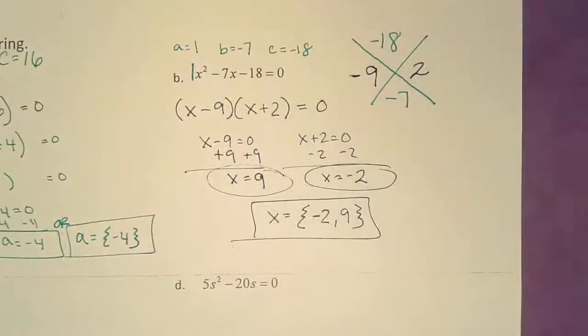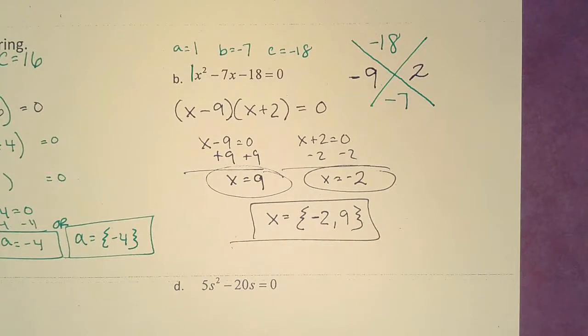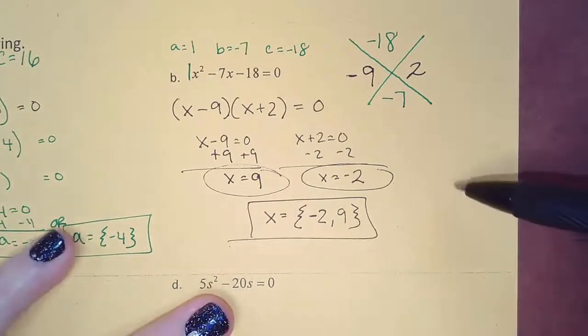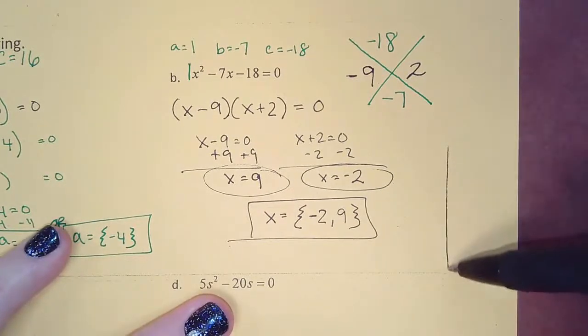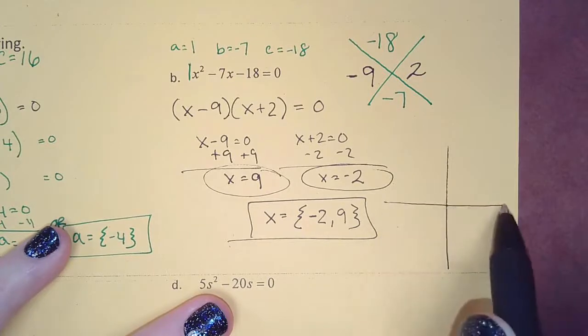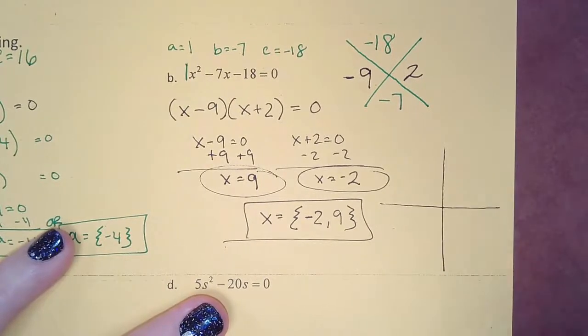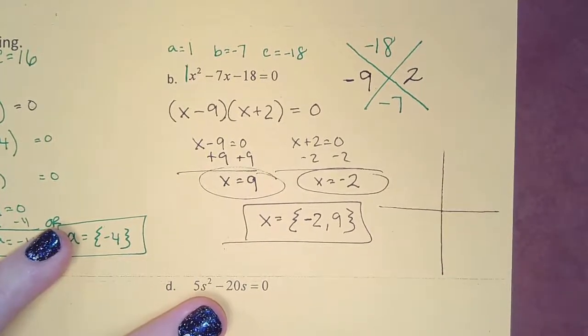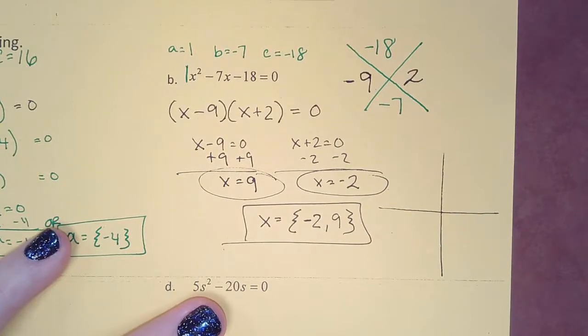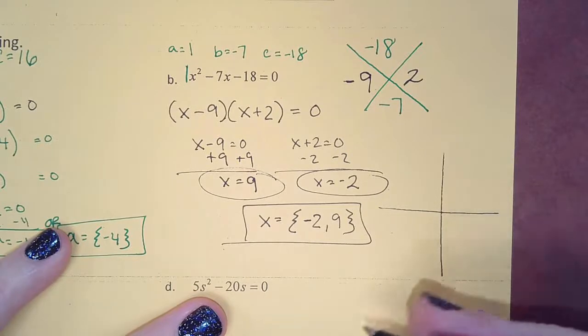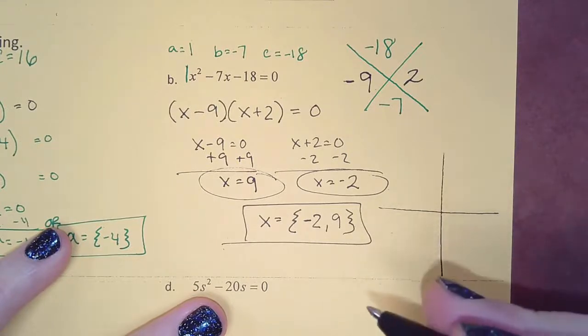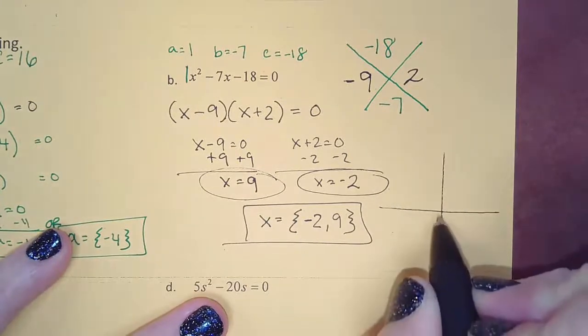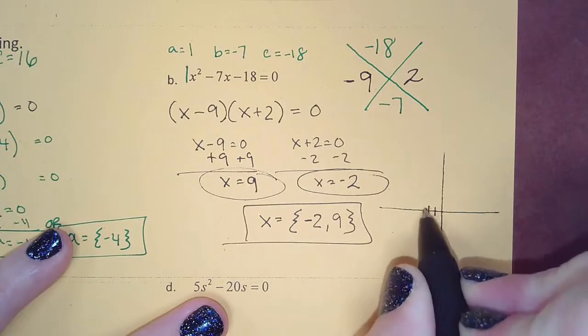Now, what does that answer mean? We'll get more into this later on in this unit, but this answer is where our shape crosses the x-axis. These are called our solutions, or our roots, or our zeros. So negative 2, that means about there.